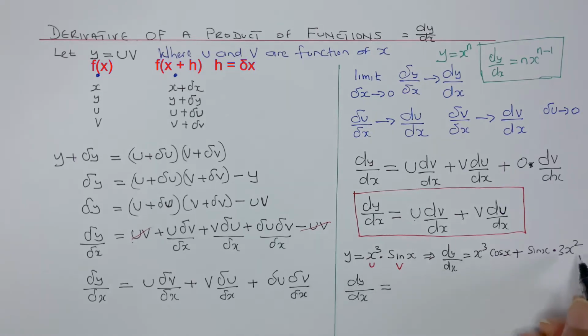There's x cubed here and x squared here, so x squared is common. x squared, open bracket, x is left because x squared times x is x cubed, cos x plus 3 sine x. And that's the answer for that.